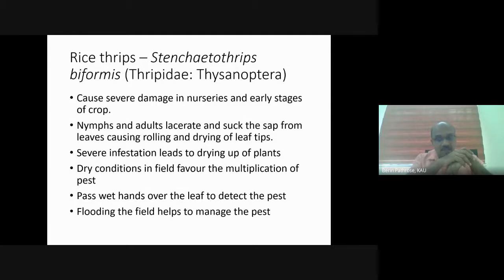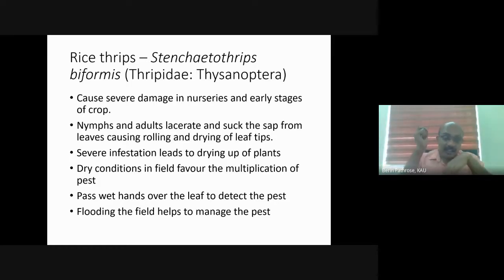Both nymphs and adults suck the sap. Because of the rasping and sucking attack of thrips, the leaves start drying up. And usually that drying up starts from the tip of the leaf.